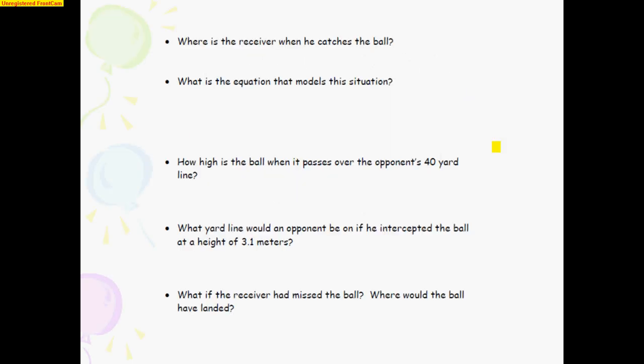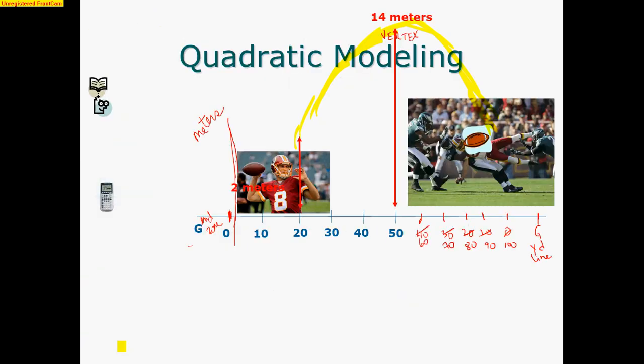So the question they're asking me is, where is the receiver when he catches the ball? Well, first I need to go back over here and write an equation to model this situation. And they're telling me to write a quadratic model.